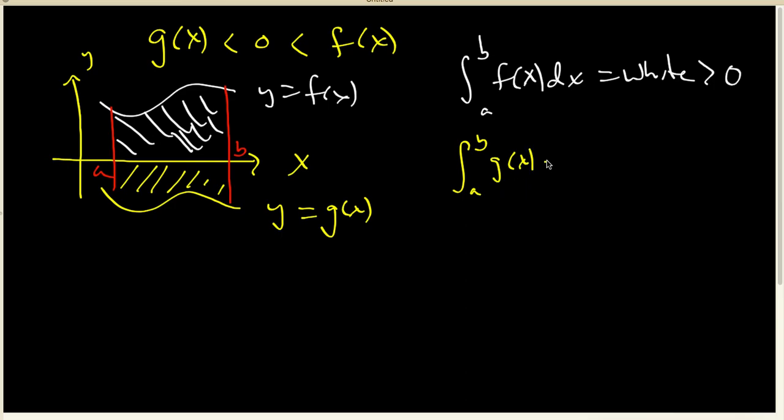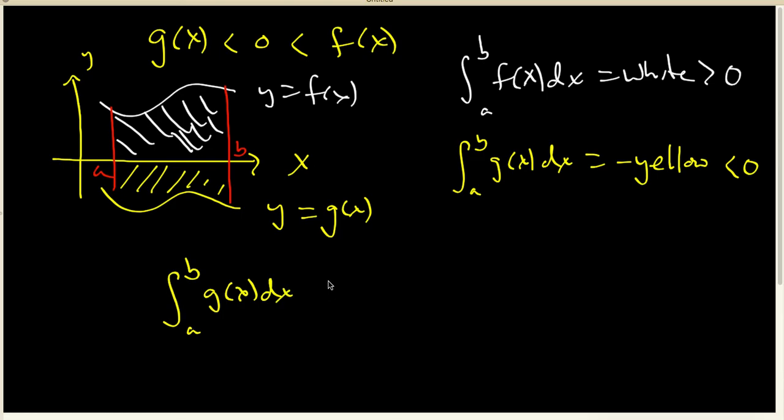So the integral for g of x is minus the yellow area, and minus the yellow area is obviously less than 0. And so again, we're going to have that the negative area for g is clearly going to be less than the positive area for f of x. And so we get that we still have the integral from a to b of g of x is going to be less than the integral for f of x.